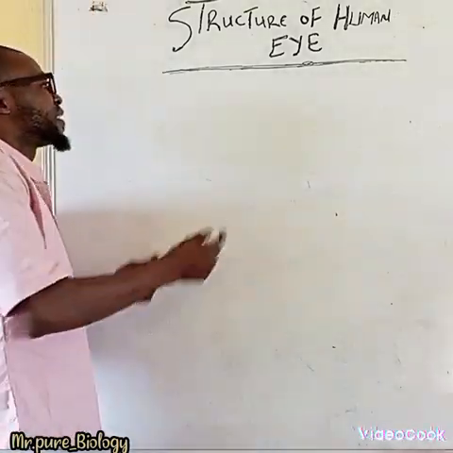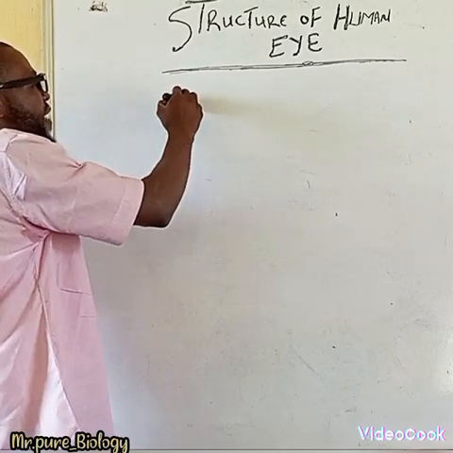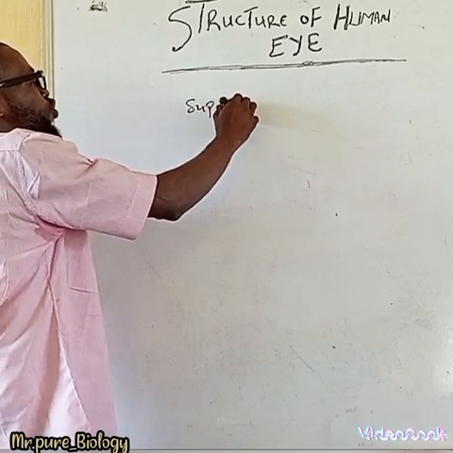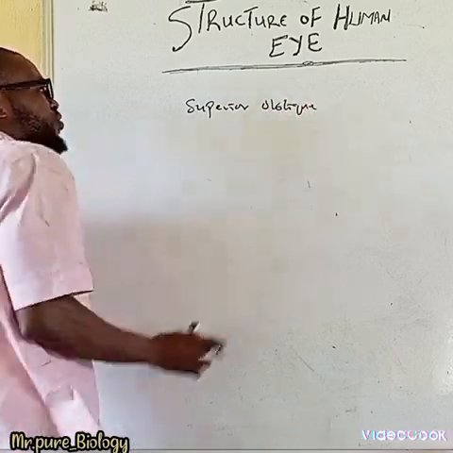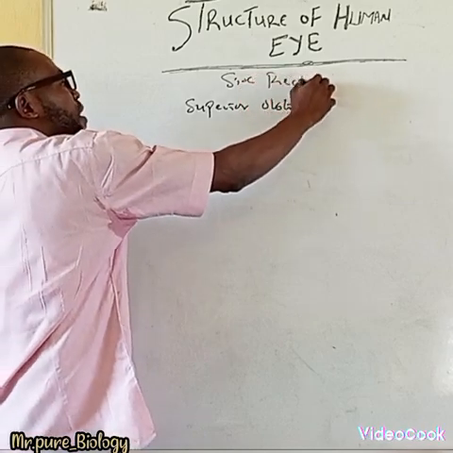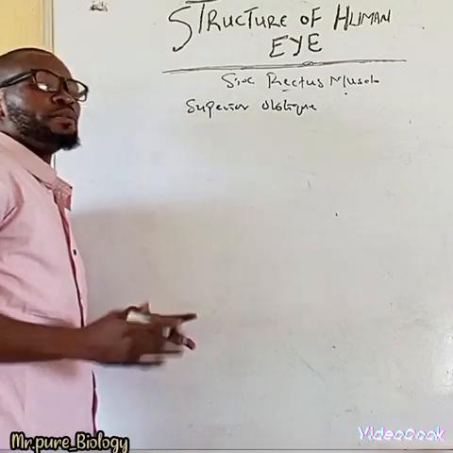Now, what are these 6 rectus muscles that hold the eye in place?